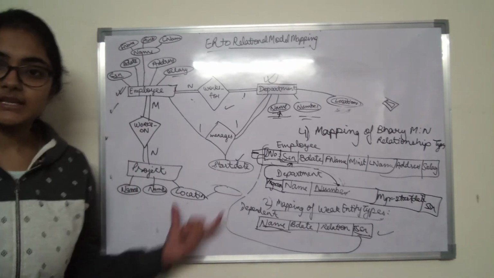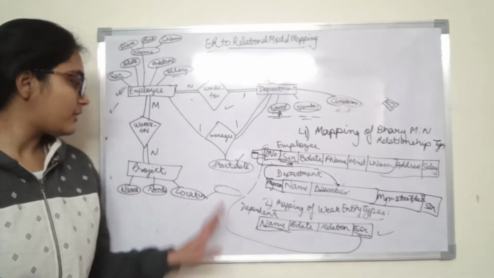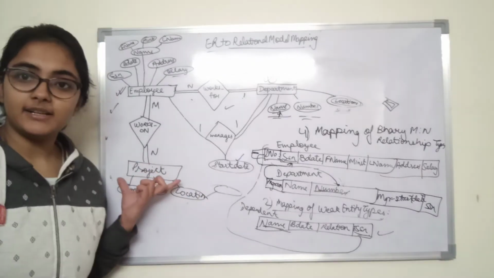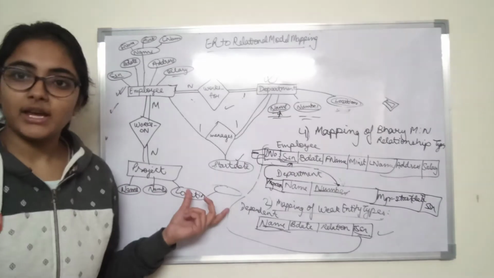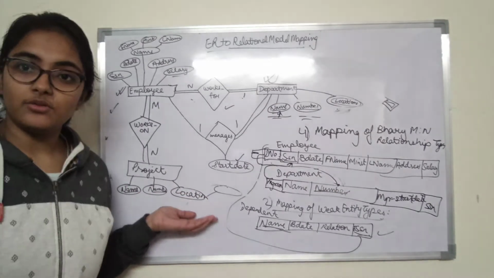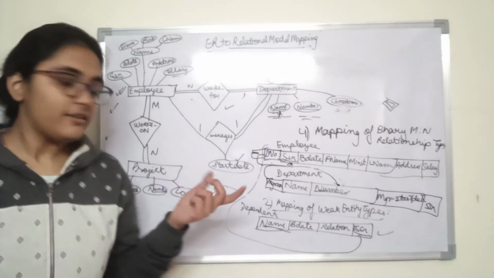So this is the m:n relationship type that we are trying to map into the relational model. This is another entity type, project, which has attributes name, number and location. In case I had included it earlier, we would have dealt with it in the first step, that is, mapping of regular entity types.